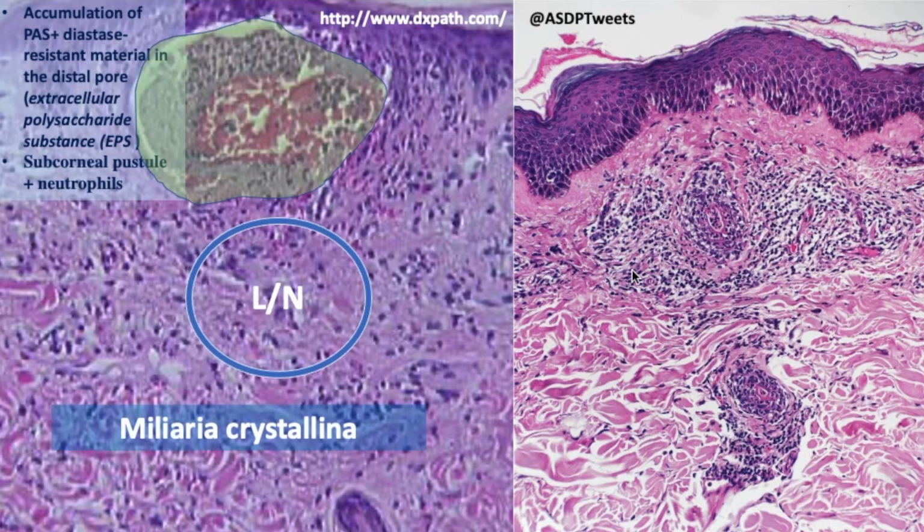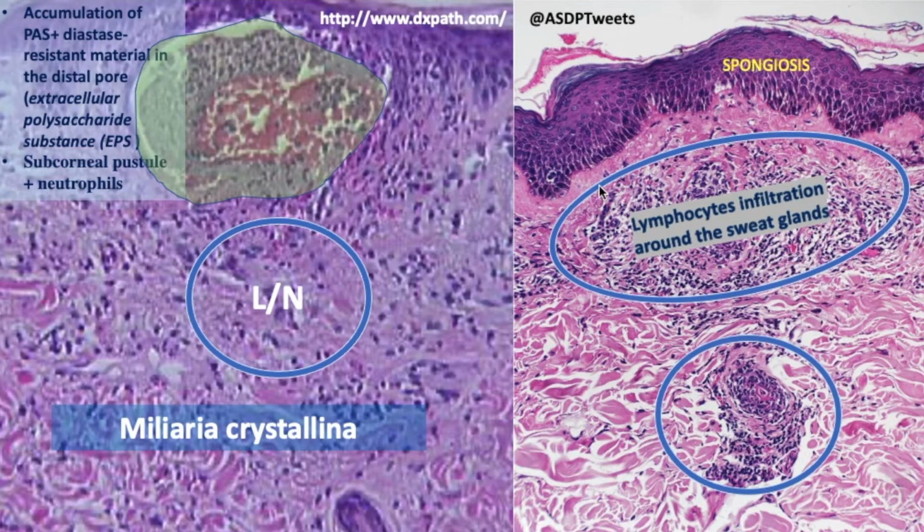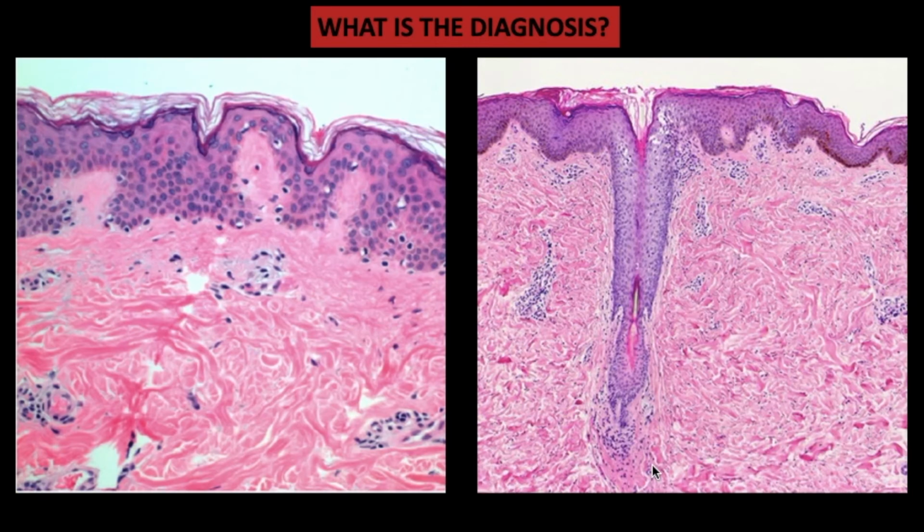Compared to this example where we see the damage is deeper into the dermis or into the sweat unit, along with the spongiosis and the lymphocyte infiltration, this is Miliaria rubra. Again, this is another classification compared to the normal skin.